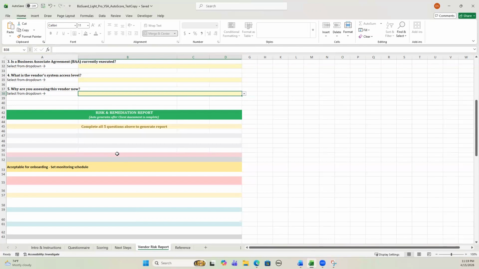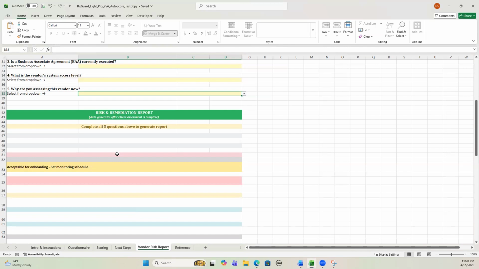The specific actions, timelines, and next steps for this vendor will be shown. It is enterprise-level decision intelligence at a fraction of the cost. This is what saves you 4 or 5 hours per vendor review. This is also what lets you confidently tell a client, an auditor, or your own leadership, here's the risk, here's the decision, and here's why.